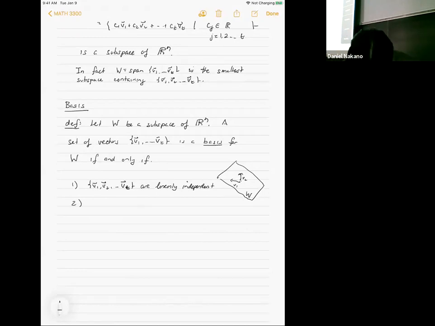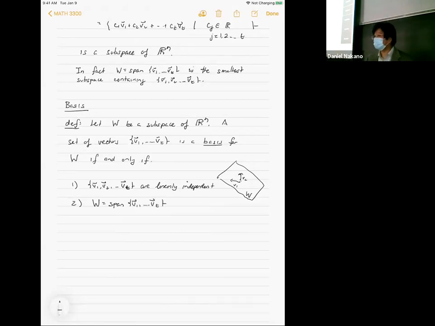One more property. So what else do you think we need? How about W equal to the span of the vectors? So W is equal to the span of V1 up to Vt.